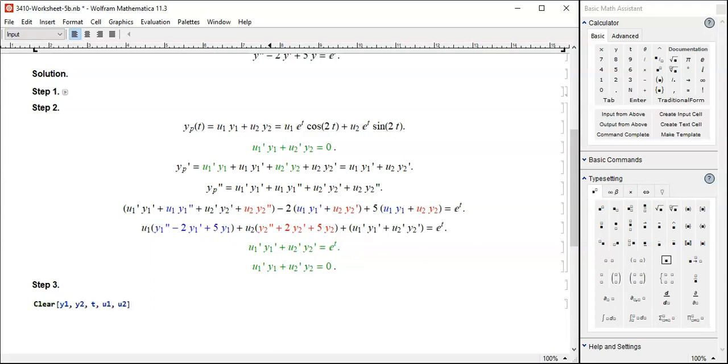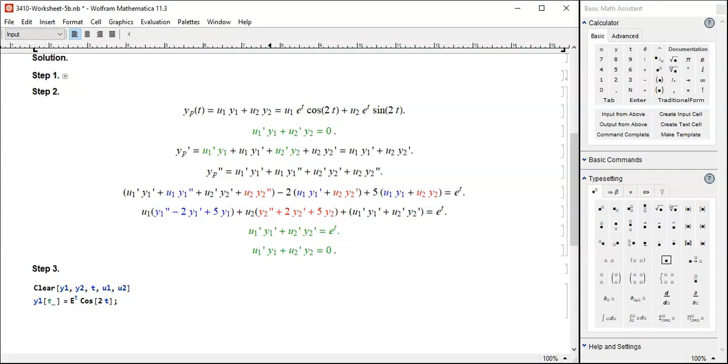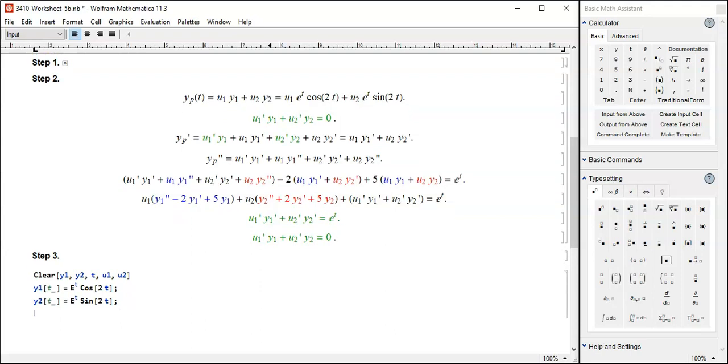Let's clear some variables here, and then y1 is defined as e to the t power cosine of 2t. y2 is defined as e to the t power sine of 2t. Okay, and let's find out.